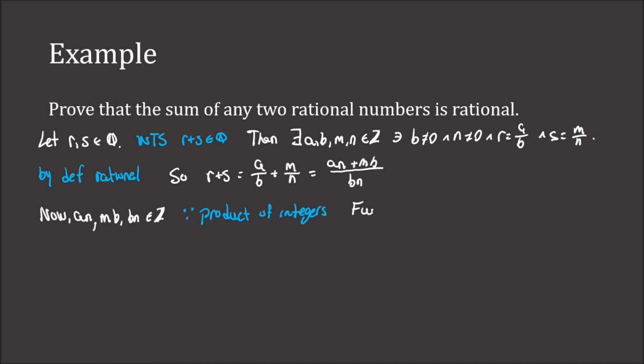Furthermore, b times n is not 0 because b is not 0 and n is not 0. And this is by the zero property.